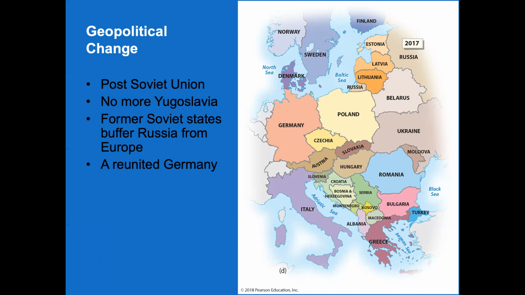So you have a reunited Germany, you have a no longer Yugoslavia, you have these former Soviet satellites that are now their own independent countries: Moldova, Ukraine, Belarus, Lithuania, Latvia, and Estonia.